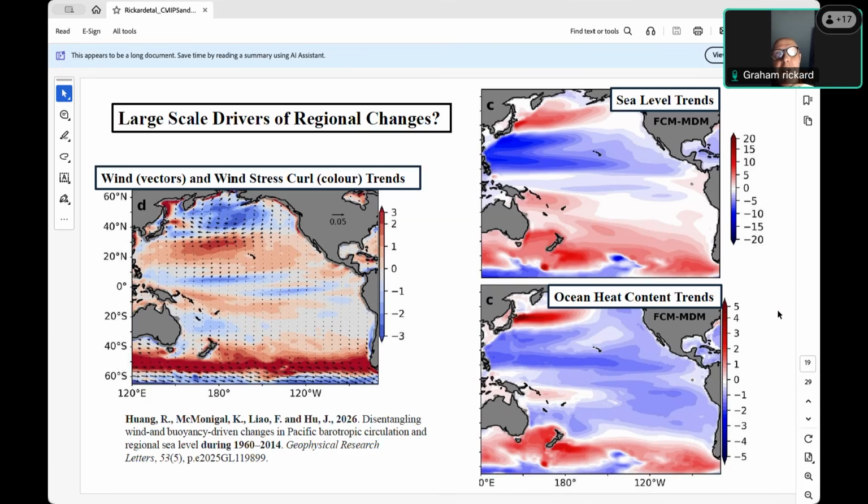Not only is there a circulation change, but the way the heat is being redistributed means the wind is contributing to an increase in ocean heat storage, particularly at these latitudes. I'm focused on the southern hemisphere of New Zealand, and this general piece of work shows that what we're seeing is part of a larger trend system in the whole Southern Ocean and Pacific.